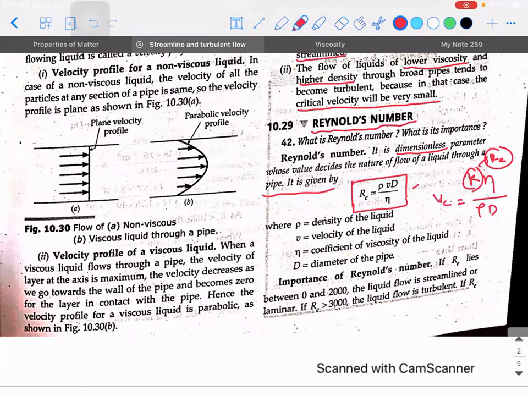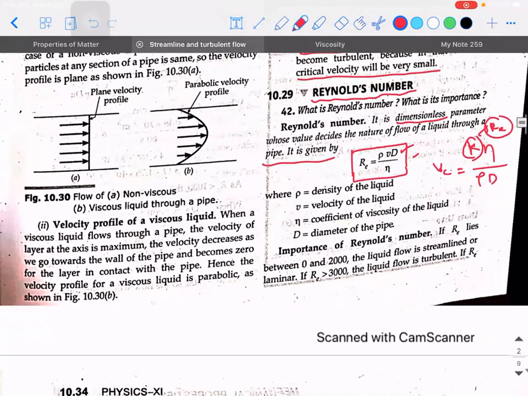If I remove that C and rearrange the equation such that K is equal to rho V into D divided by neta, then that expression is called Reynolds number, where rho represents the density of the liquid, V represents the velocity of the liquid, neta represents the coefficient of viscosity of the liquid, and D represents the diameter of the pipe.